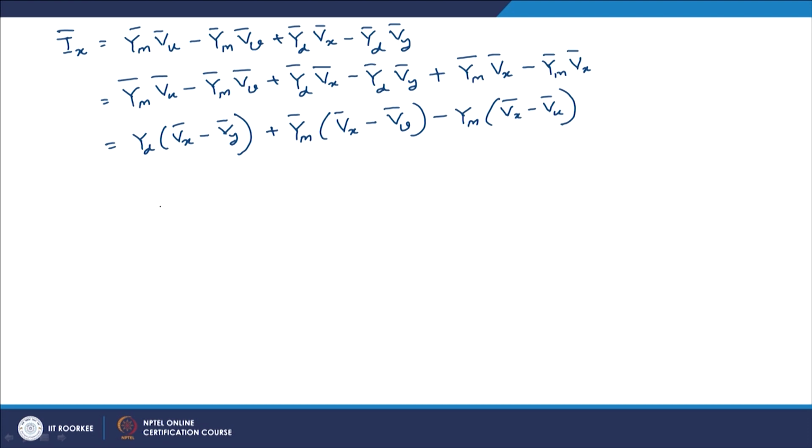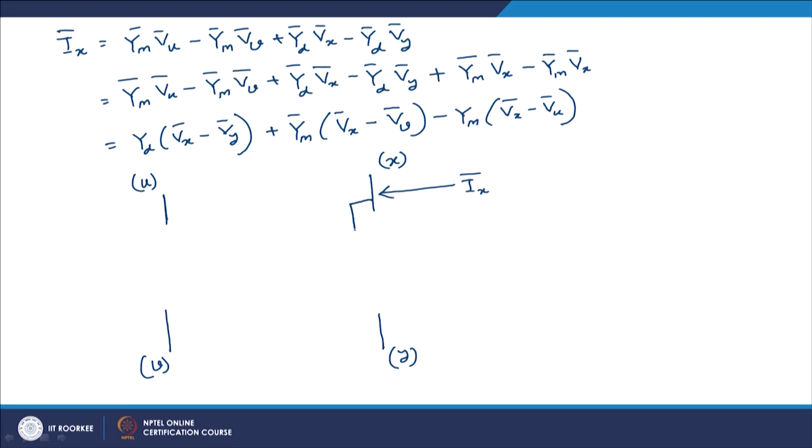So, again let us try to derive this equivalent circuit. So, this is U, V, X, Y and the injected current is Ix. Injected current Ix should be constituting of three currents.